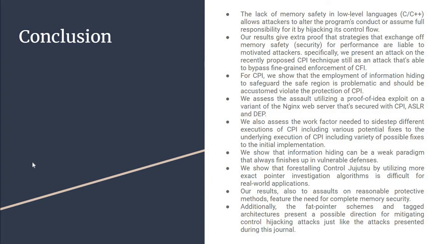We show that information hiding can be a weak paradigm that always ends up in a vulnerable defense.